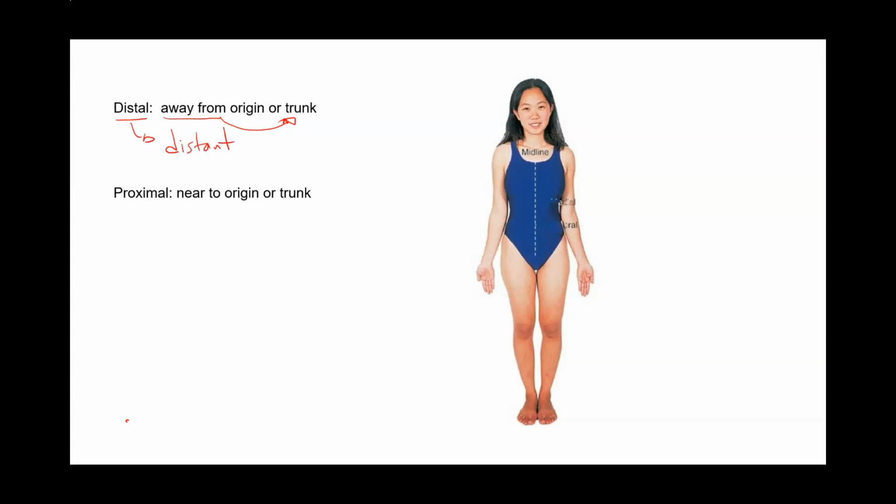Okay? It's far away. Right? The word proximal means near the trunk. Right? And think of the word proximal as having the same root as proximity, right? In other words, something is close, right?